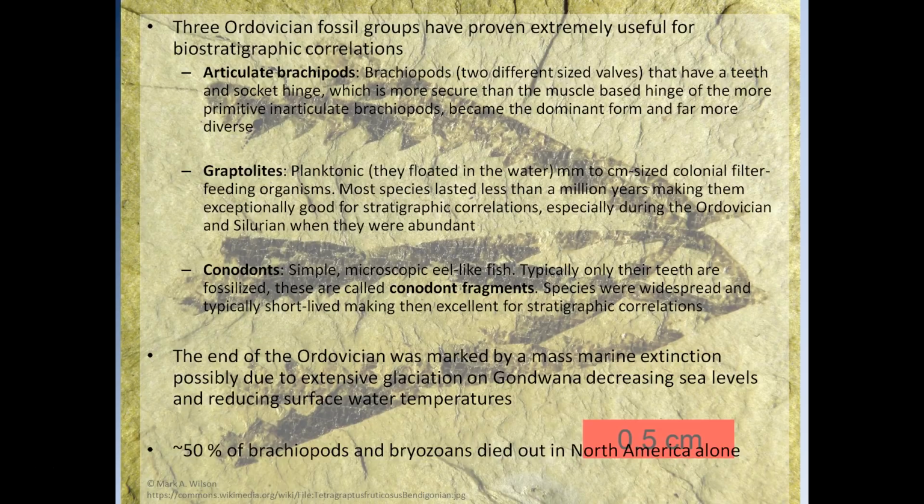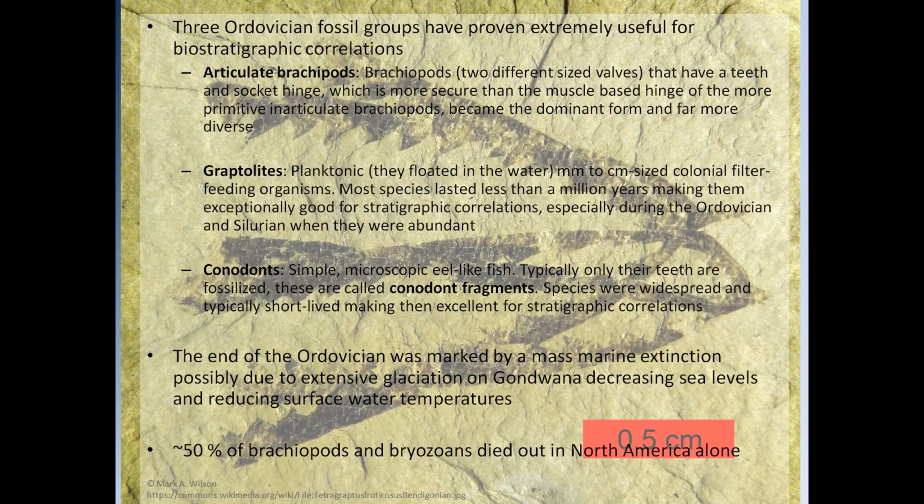In the Ordovician, we also see a group of species appearing which are called the graptolites. So they're planktonic organisms, so they floated in the water, and they are millimeter to centimeter sized colonial filter-feeding organisms. And most of the species in the graptolite group lasted less than 1 million years.